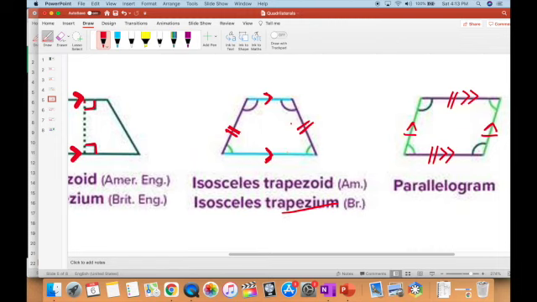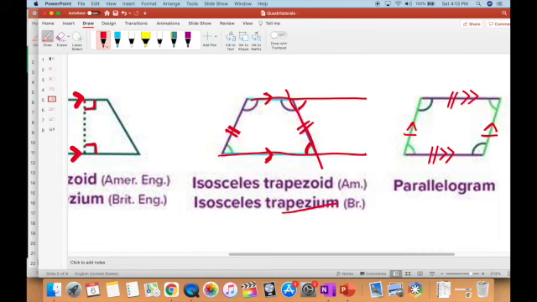Now this is where angle properties come into play. Whenever you have two parallel lines, you could treat this like a transversal, which means that the exterior angle here is alternate and equal to this interior angle over here.